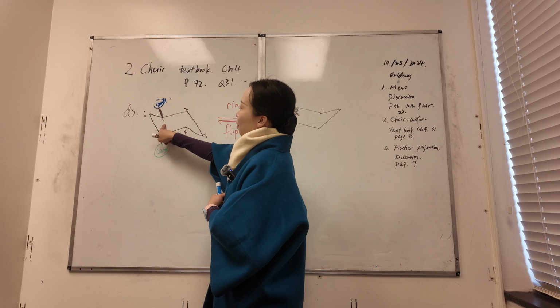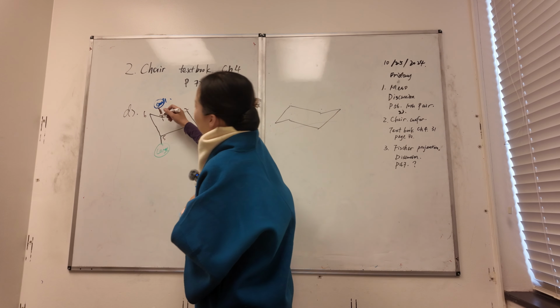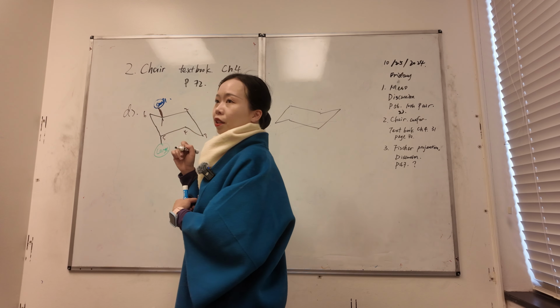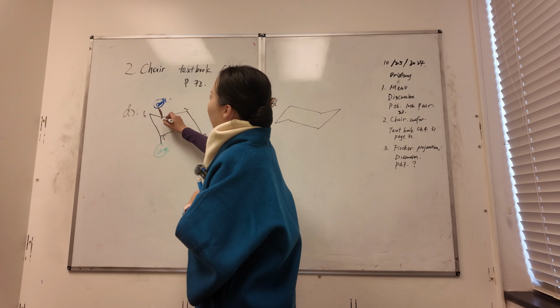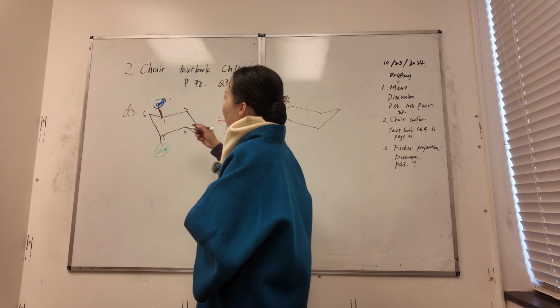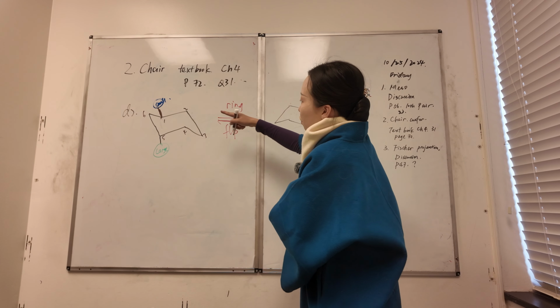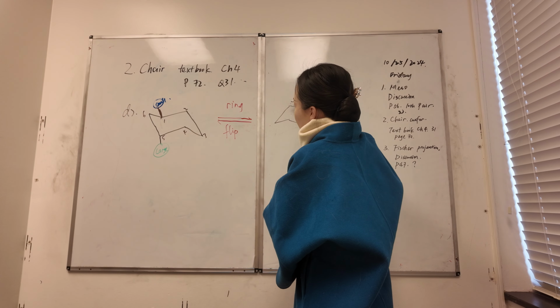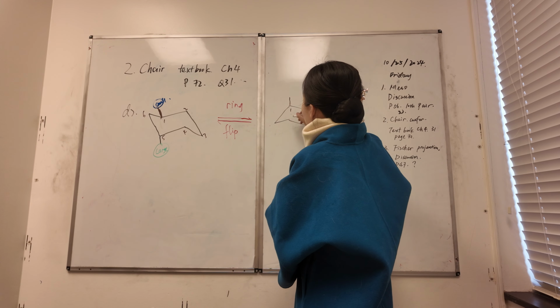This is what I was looking for: your small one was on equatorial. The axial one should be this one, right? When you do the ring flip, all your equatorial should become axial. So you can find it will be correct on this side. Now if you want an axial one, it's actually pointing up like this. So this is number 1.